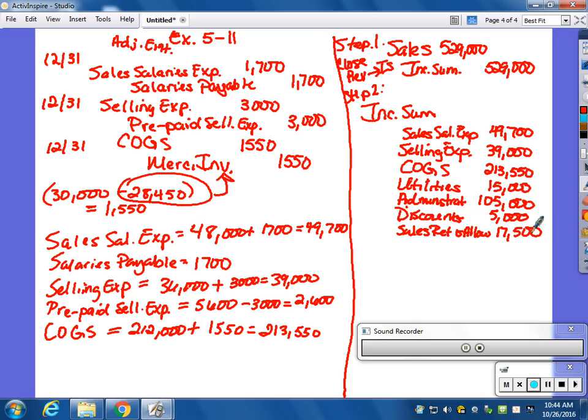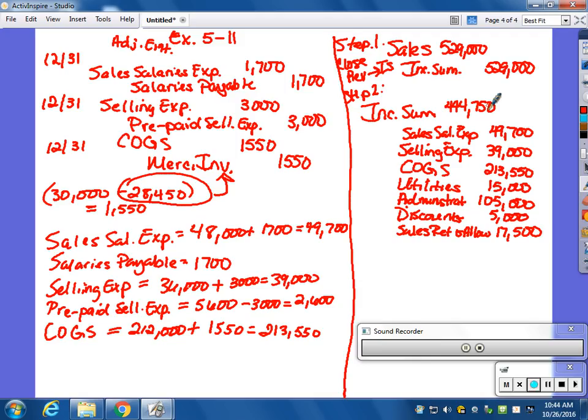Which means income summary is what? You have to add all these up: 49,700 plus 39,000 plus 213,550 plus 15,000 plus 105,000 plus 5,000 plus 17,500 is 444,750.